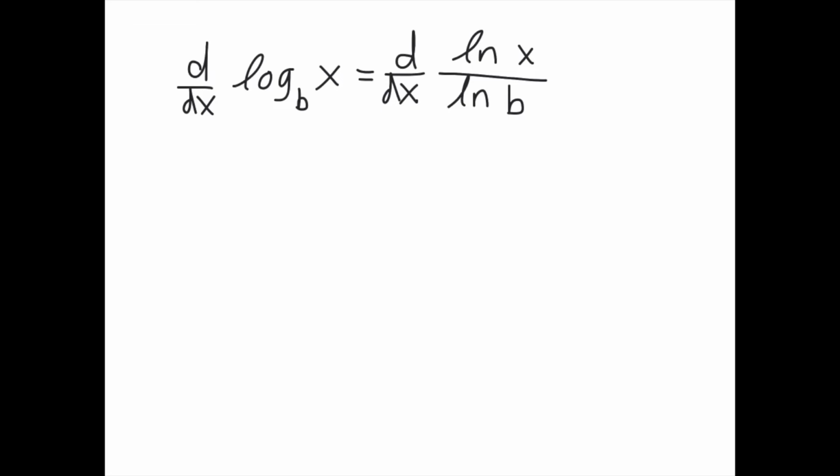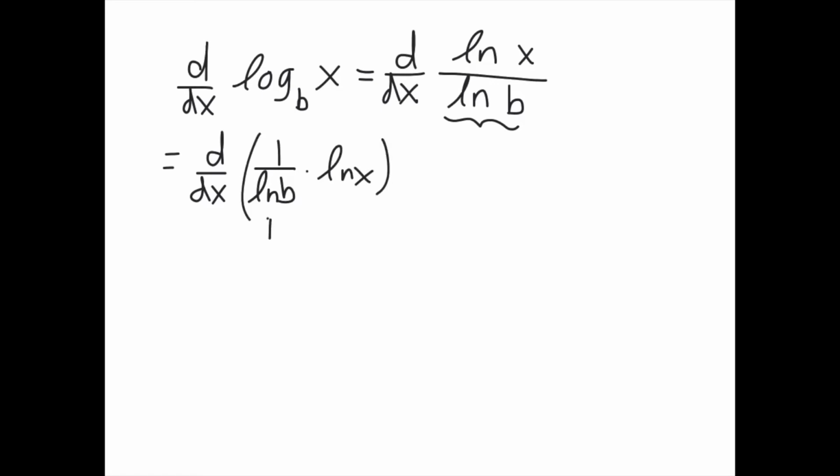Now this is actually really nice because ln of b is just going to be a number. So I could rewrite this as the derivative with respect to x of 1 over ln b times ln x. Well, since this is just a number, I can pull this outside of the derivative sign and have 1 over ln b times the derivative of ln x, and we literally just proved what the derivative of ln x was.